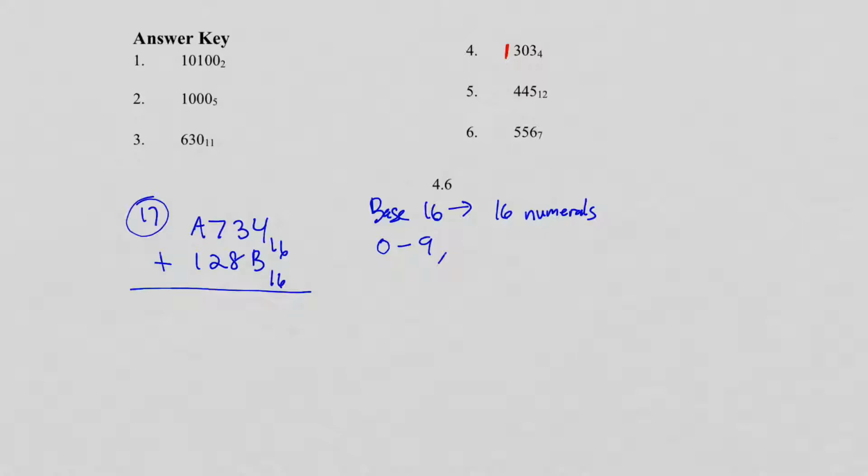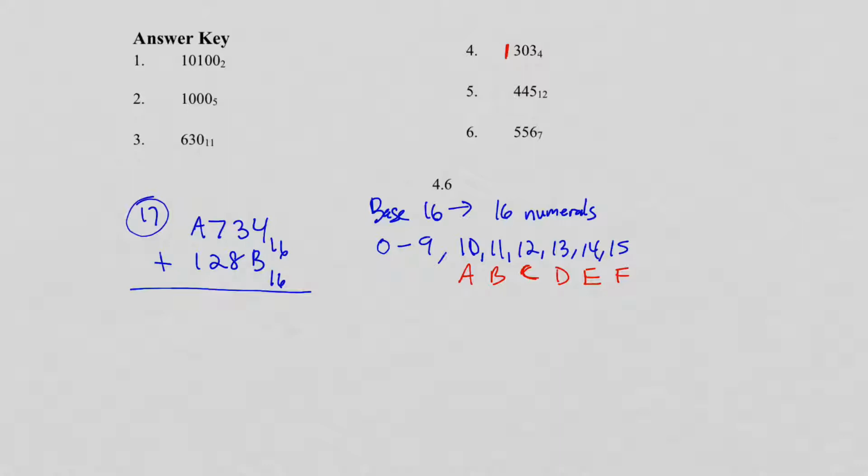That's 10 digits or 10 numerals. So then for our quantity of 10, 11, 12, 13, 14, and 15, we need to supplement with letters of the alphabet. So this is A, B, C, this is D, this is E, and this is F.